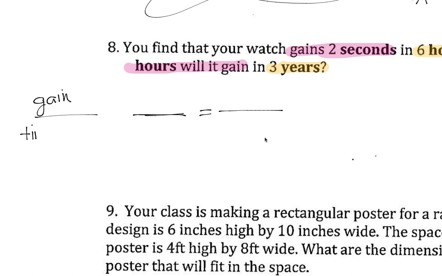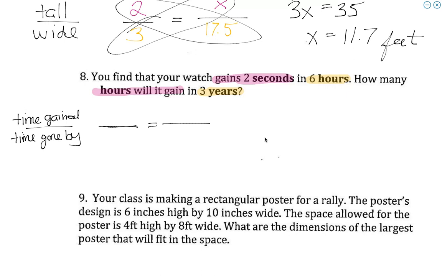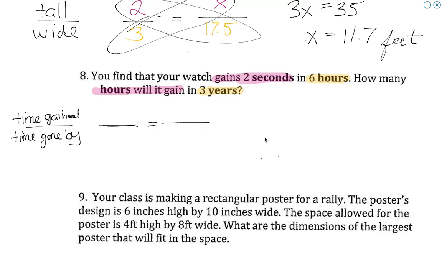Let's do this. Time gained, time that's gone by. So time that's been gained, time that's gone by. So 2 seconds.